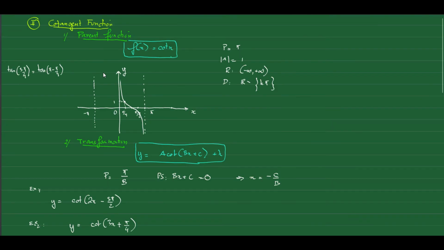Now, on the third part of our lecture, I'm going to talk about the cosecant function. And we know that cosecant is 1 over sine, so of course the graph of the cosecant function will be based on the graph of the sine function.